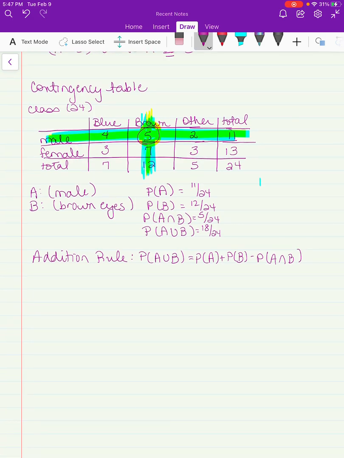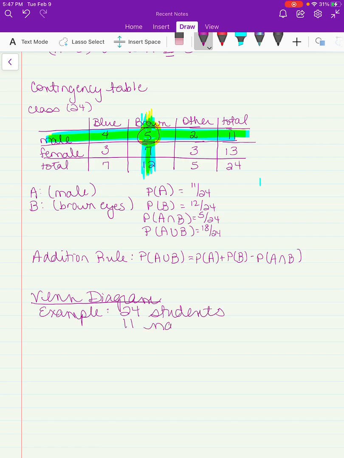Another way to display data is in something called a Venn diagram. So let's say, and we'll use the same information as above, let's say we had 24 students. We have 11 of them that are male.